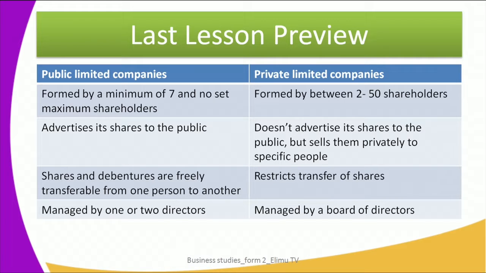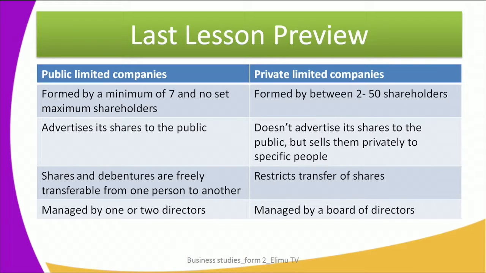The other difference would be that public limited companies do not restrict transfer of shares from one person to another. So we say that shares and debentures in a public limited company are freely transferable from one person to another.